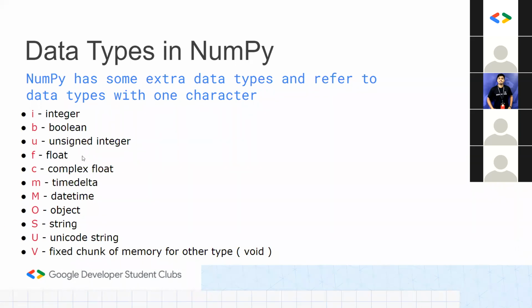And we have new data types like timedelta, datetime, object is there. Then we have Unicode string, where suppose we deal with multiple languages. Unicode represents a code for different languages. So these are the various data types present in NumPy.